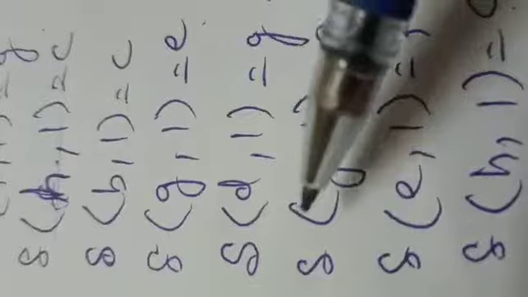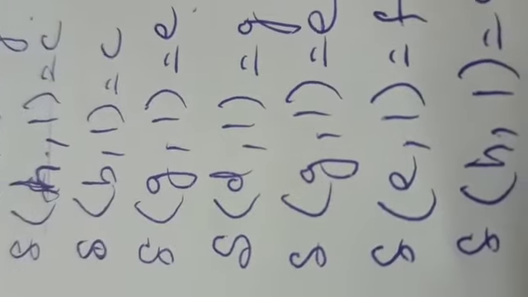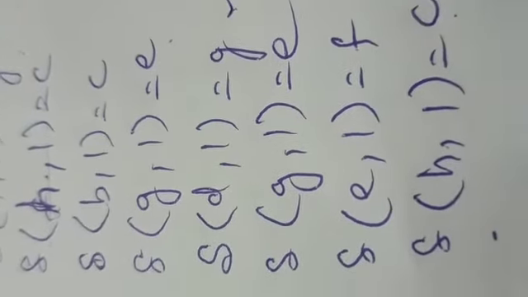Then you can have an entry for this D and this H. Okay, D and H can have an entry. So DH will have an entry over here.